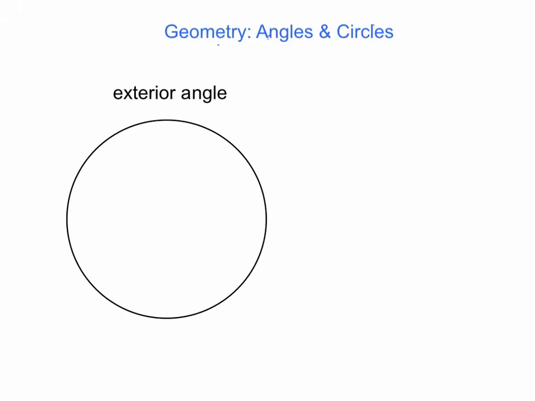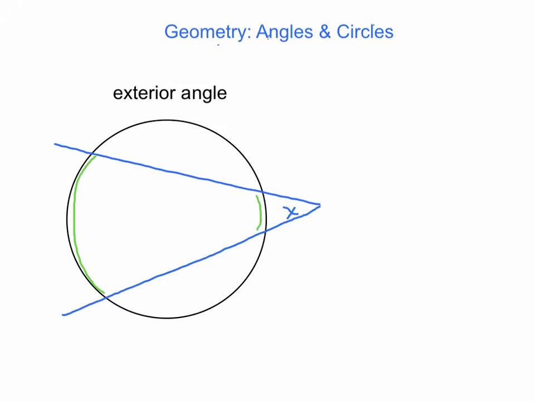The next situation is when we have two secants that intersect outside the circle. If we want to find that angle, we are going to use the two arcs that the angle intercepts: this arc over here and that little arc over there. I'm going to assign some values to the arcs. Let's say this one is 120 degrees, and this arc over here is maybe 10 degrees.